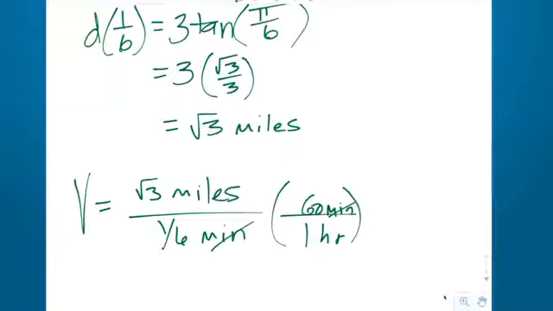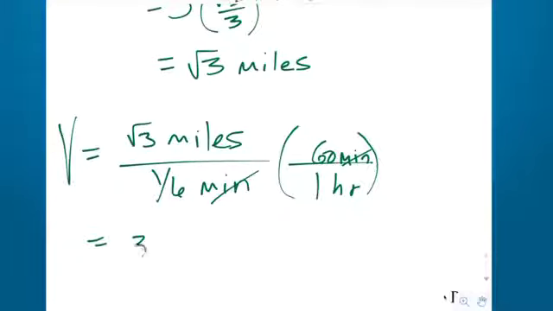Your minutes divide out and you're left with miles per hour. Now 60 divided by 1/6, is that 10? No, that's 60 times 6. Change, flip, you get 60 times 6, which is 360 times the square root of 3 mph.